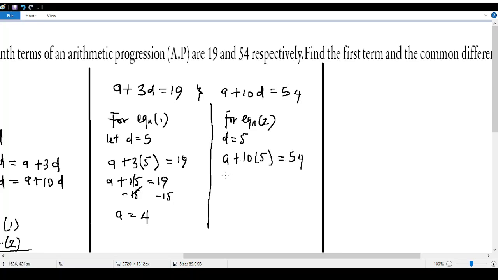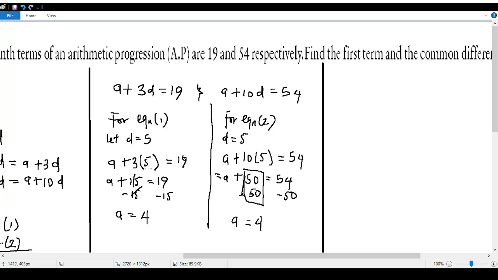Now, a plus 10 times 5 gives you 50, is equal to 54. So let's say we subtract 50 from both sides of the equation. 50 cancels 50, and what's left here now is 0. And then a is what's left on the other side, making 54 minus 50 give you 4.